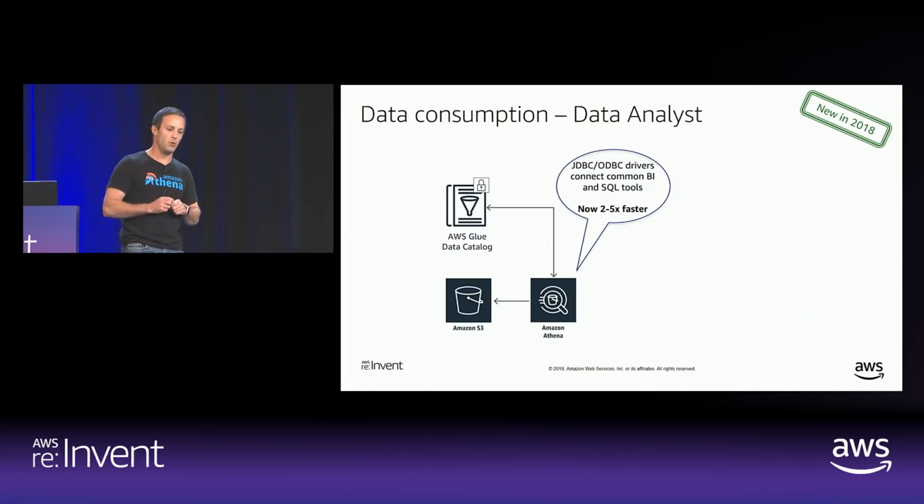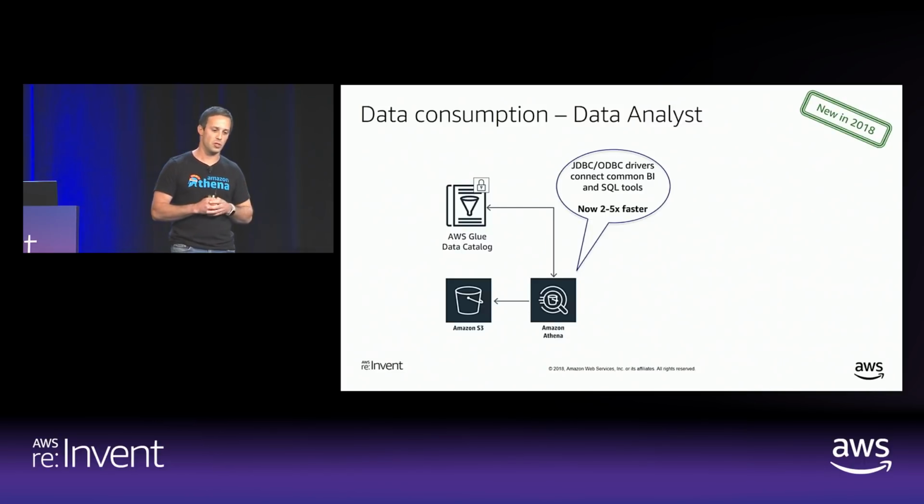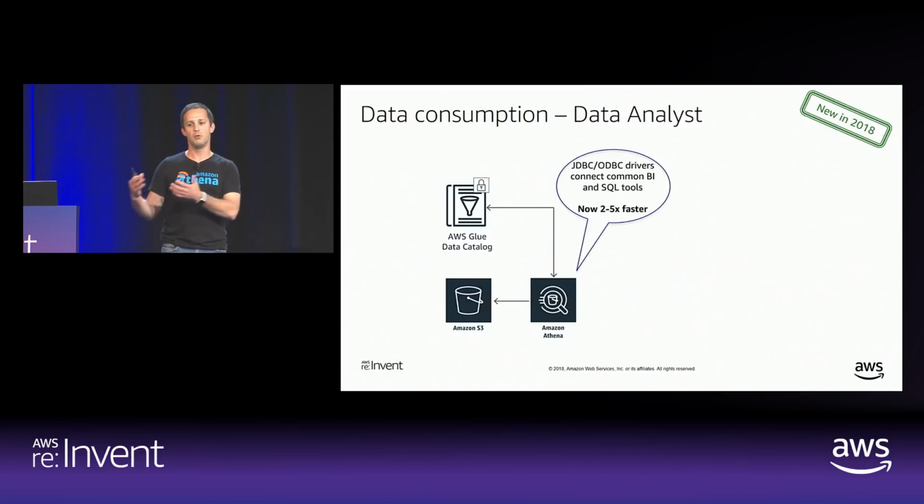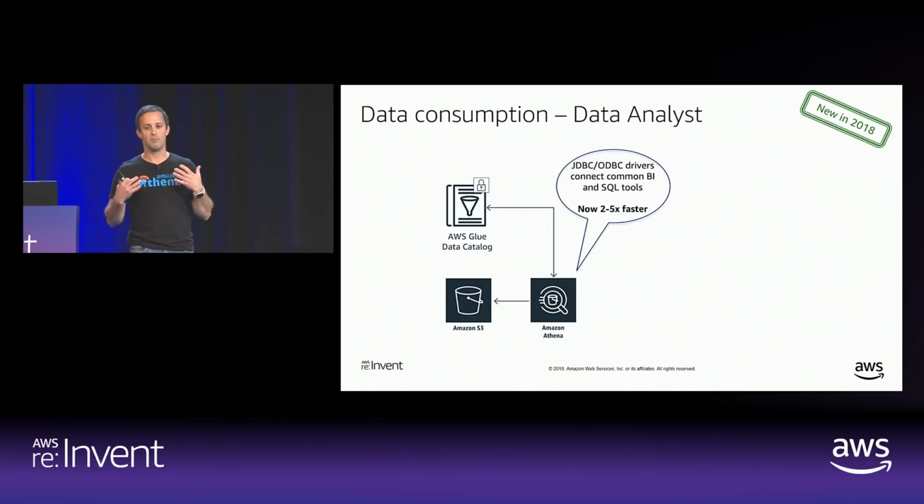The first thing we did was release a newer version of our JDBC and ODBC drivers with a 2 to 5x improvement in performance. These are improvements we've made to the driver itself, so it gives your users who are using the JDBC or ODBC drivers with BI tools a much better experience, much snappier, and something they're more used to.